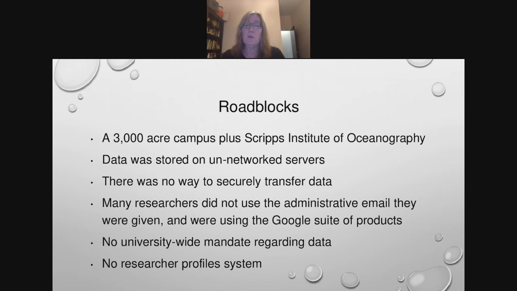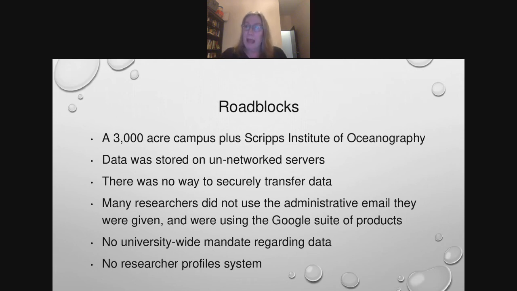So they had no way to transfer data either between themselves or when they did want to give their data to us. And the only way that we could actually make that happen was we created a way to securely transfer data through a link. I won't get into it, it was complex, but it worked. However, they had to be on our servers, because our servers where we stored their data for the repository was on the UCSD network.